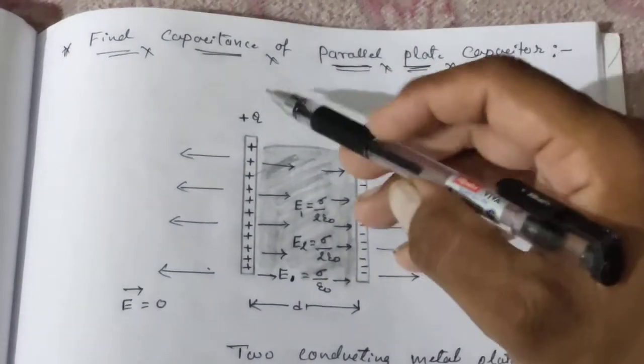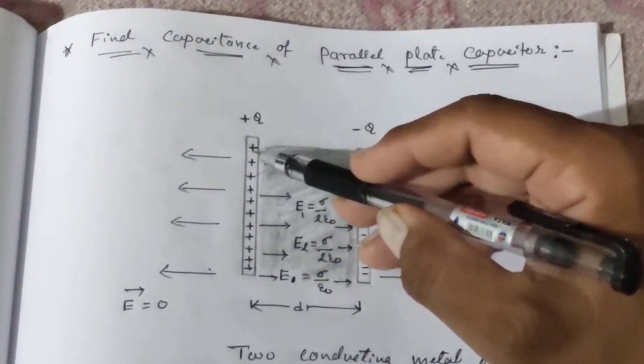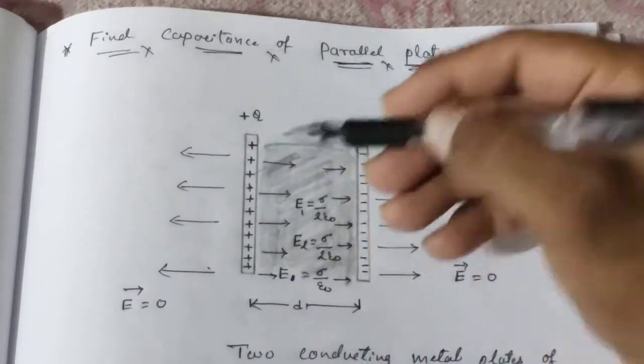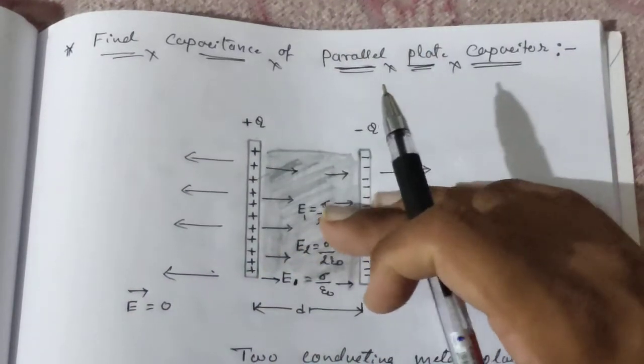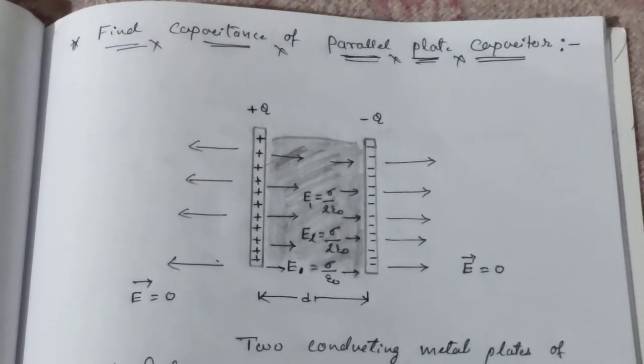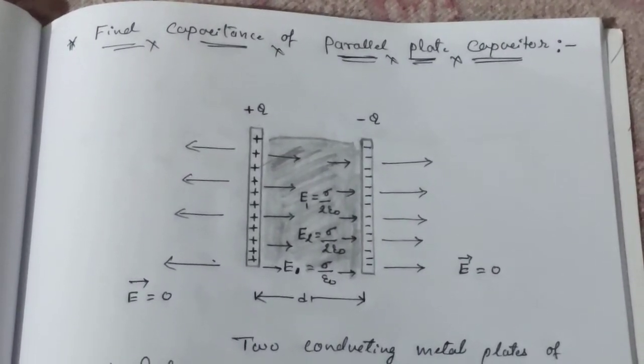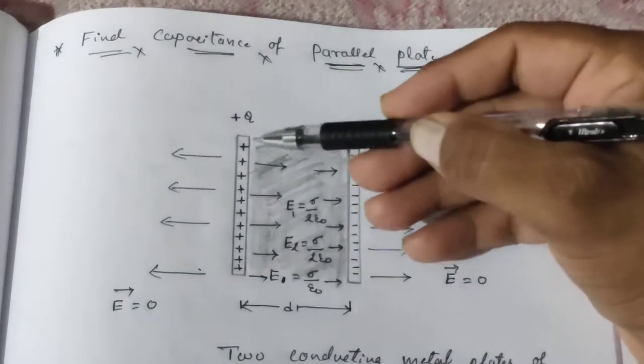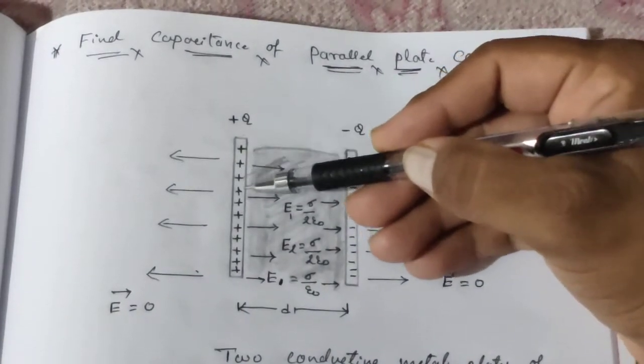Now let us deposit some charges. As we know, the function of a capacitor is to store charges, which means it is storing one type of energy. One by one, we are going to deposit charges like this.